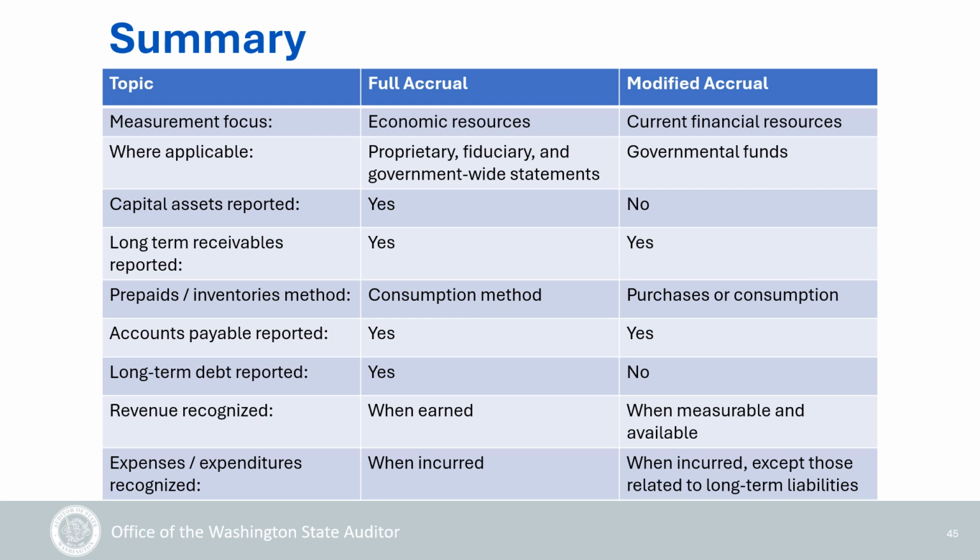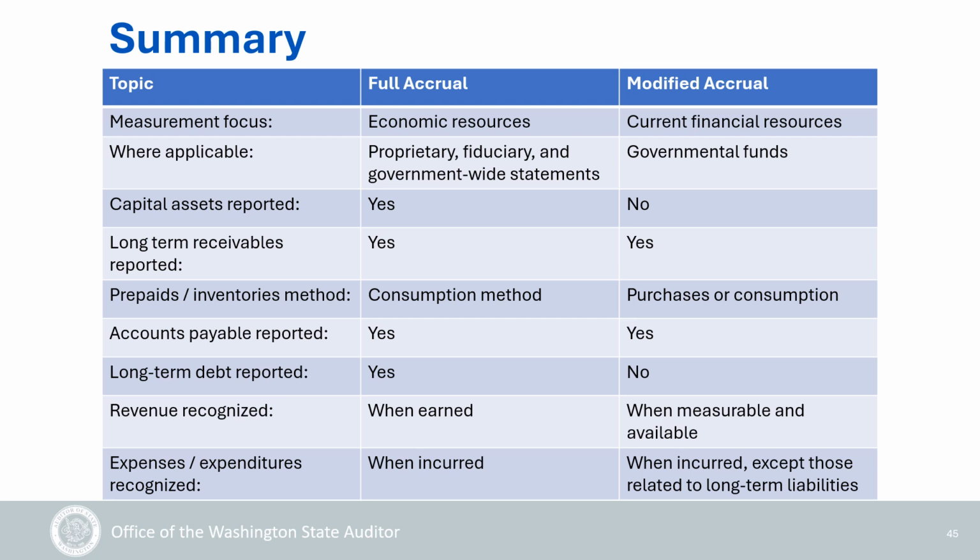Prepaids and inventories must use the consumption method under full accrual, but they can choose between consumption or purchases method under the modified accrual. Both bases of accounting report accounts payable, which is a current liability. However, only full accrual reports those long-term liabilities.